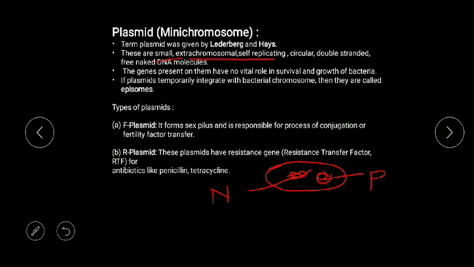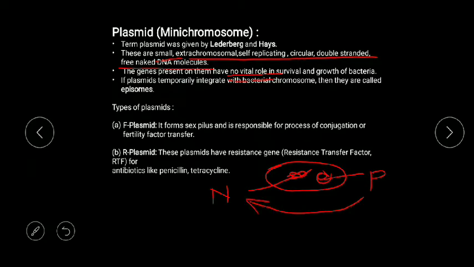Plasmids are small, extra-chromosomal, self-replicating, double-stranded, free, naked DNA molecules. They are self-replicating, meaning they can replicate on their own. They are extra-chromosomal, meaning they are apart from the nucleoid, and they are circular as well. The genes present on them have no vital role in the survival and growth of bacteria.